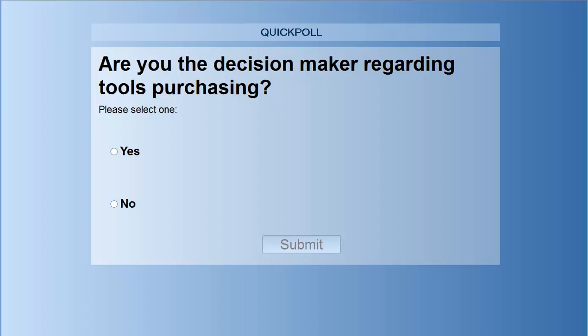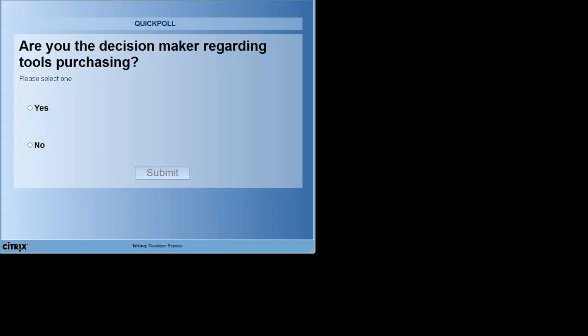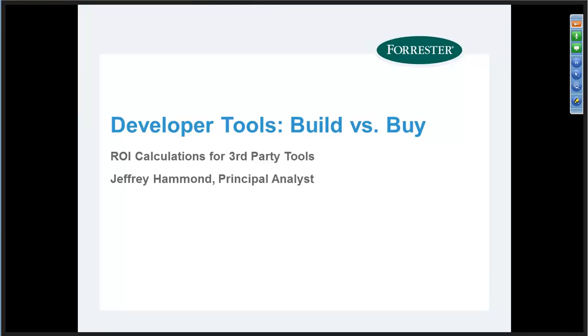And then here's our third question. Are you the decision maker regarding tools purchasing? Yes or no. 73% yes, and 29% no. All right, everybody, thank you so much for your valuable feedback, and thank you so much for joining us.